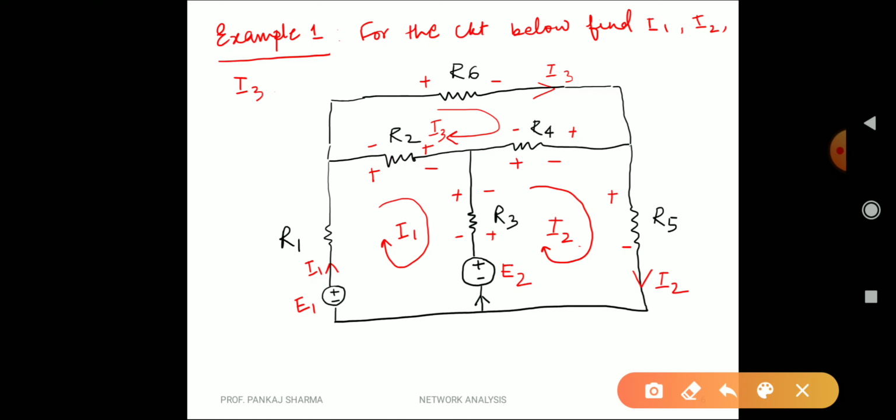See this very carefully. We are working in this closed path, in this mesh only, not outside of this. So do not focus your eyes outside of this mesh, be inside this mesh. Current is entering at this point, so it is plus. Current is leaving, so it is minus.